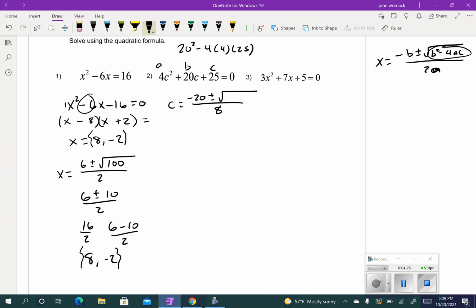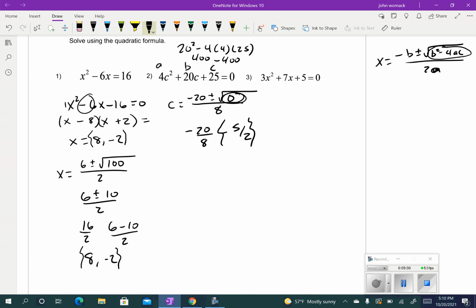Let's see, 20 squared is 400. 4 times 25 is 100 times 4 is 400. I end up with 400 minus 400, which is 0. So this is that case where we only get one solution, right? I end up with negative 20 over 8, plus or minus 0, but plus or minus 0 goes away. Simplify that. You can divide both by 2, actually by 4. So it'd be negative 5 halves. So this particular quadratic only has one solution. And again, that's determined by that discriminant right there.